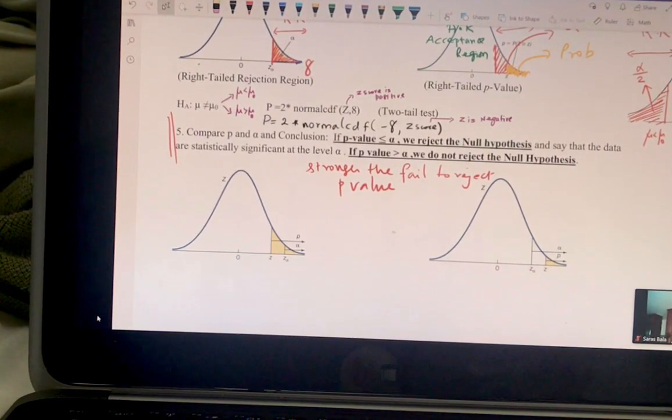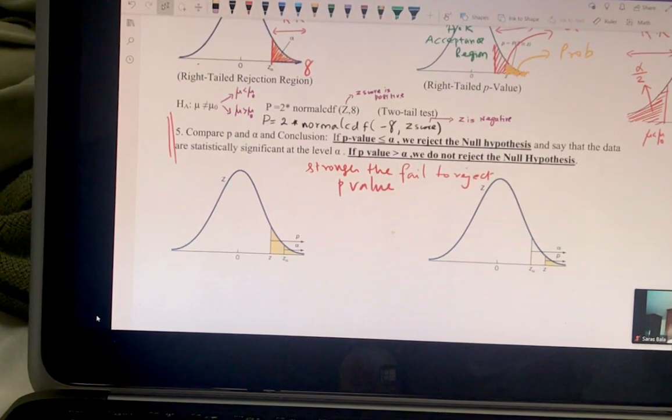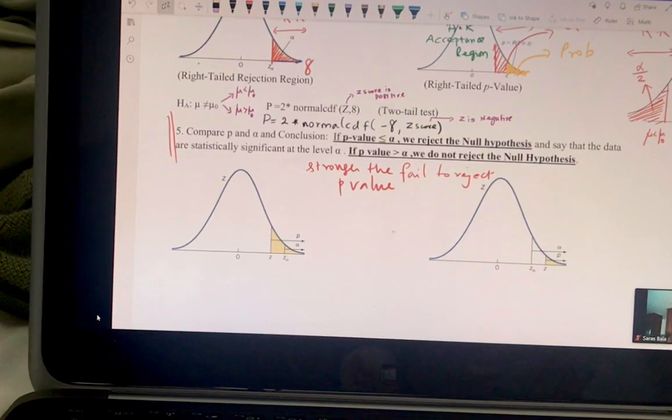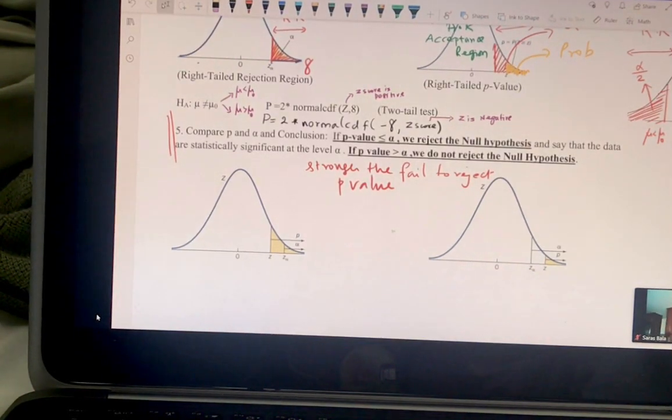If your p-value is greater than alpha, it means we do not reject the null hypothesis. So with a larger p-value, we fail to reject the null hypothesis.